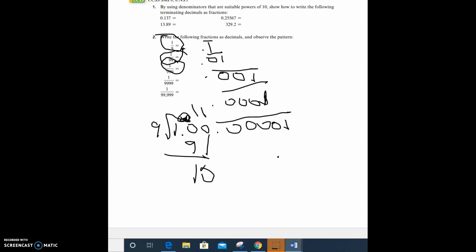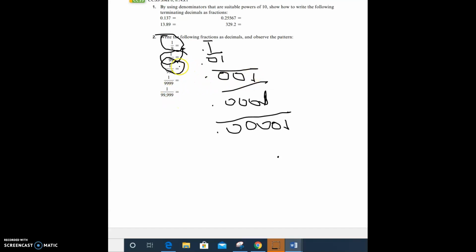Let me get back to my eraser here, maybe. And so you can kind of see why there's always going to be like a 1 left over at some point in the process. So with tens, like 1/10 would be 0.1, 1 over 100 would be 100th, 1 over 1,000 would be 1,000th, and so forth.